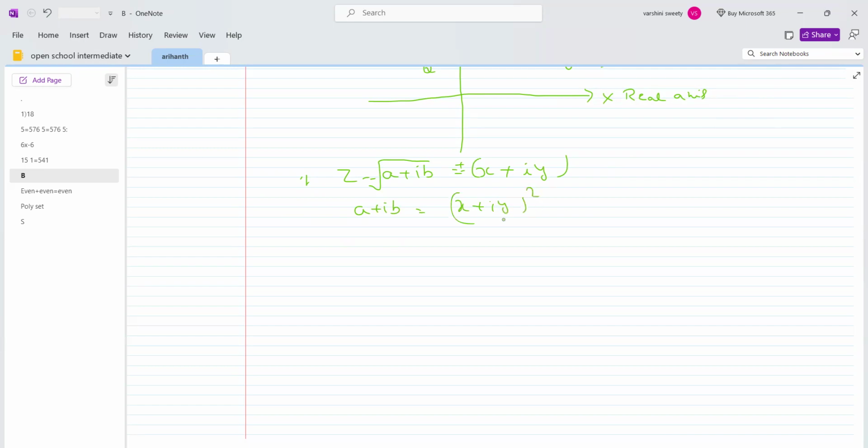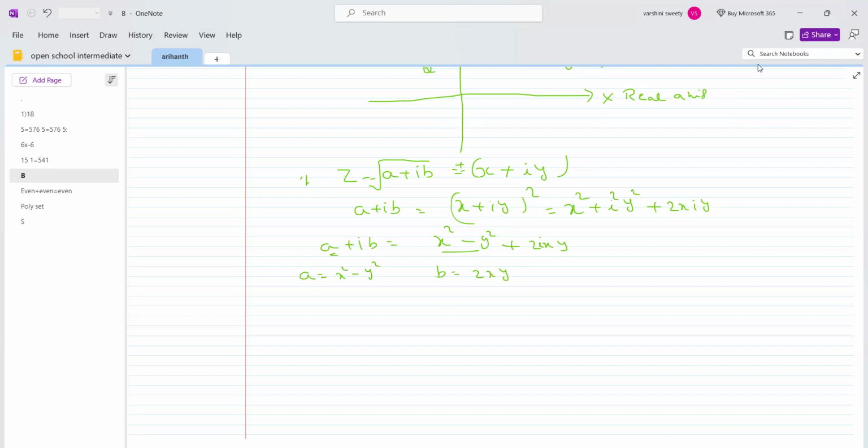Expanding using the algebraic formula, x square plus i square y square plus 2x iy. So a plus ib equals x square minus y square plus 2xyi. Equating real and imaginary parts, a equals x square minus y square, b equals 2xy.